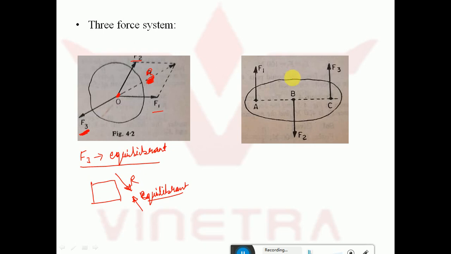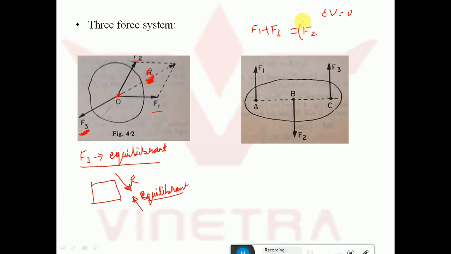Now let us see, if three forces are not concurrent, can this force system be in equilibrium or not? A force system with non-concurrent forces is usually not in equilibrium. To have equilibrium, the sum of F1 plus F3 should be equal to F2. Then the summation of vertical forces will be 0.